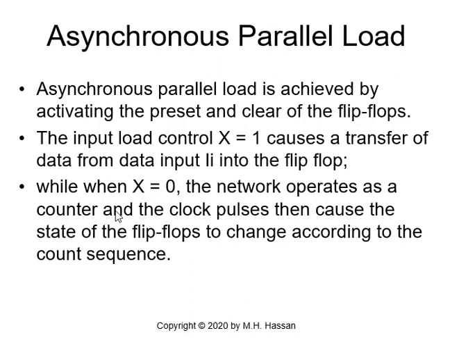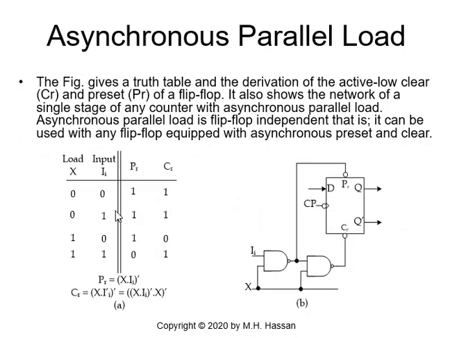When X is 0, the network operates as a counter, and the clock pulses cause the state of the flip-flops to change according to the count sequence. So X is 1, we will load the data, and X is 0 will be a normal counter. To do this, we will use the preset and the clear.